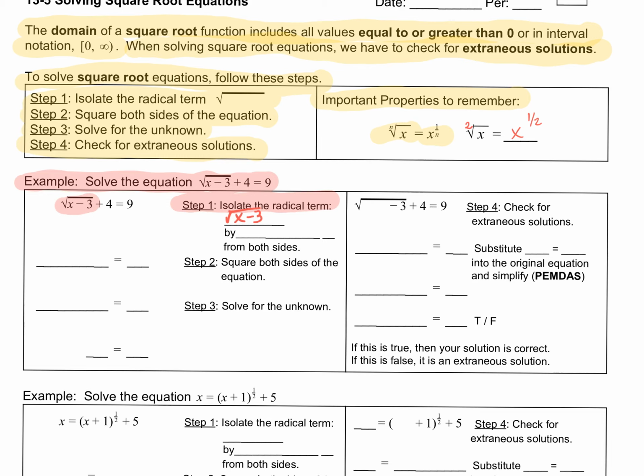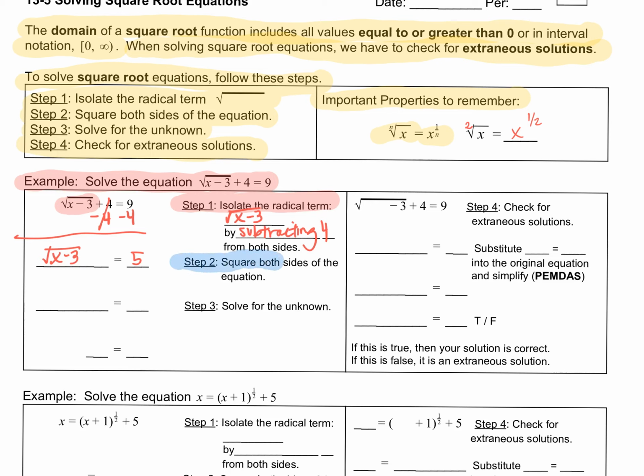I want to think about what's next to it that I can get rid of. I'm going to subtract 4 on both sides. That's going to leave me with my radical term alone. Square root of x minus 3 is equal to 5.